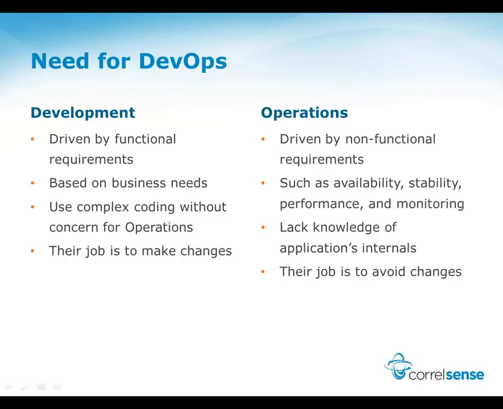We mentioned the gap between development and operation. I want to talk about the essence of this gap. Basically, developers are mostly concerned about the functional requirements and aspects of the software. They don't really think about how the application will run in production.